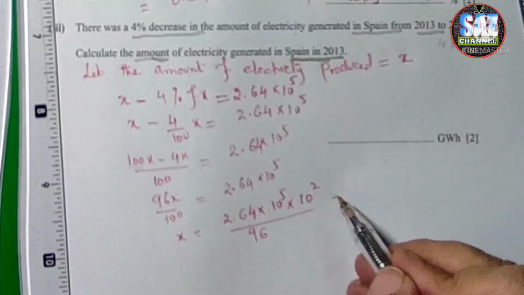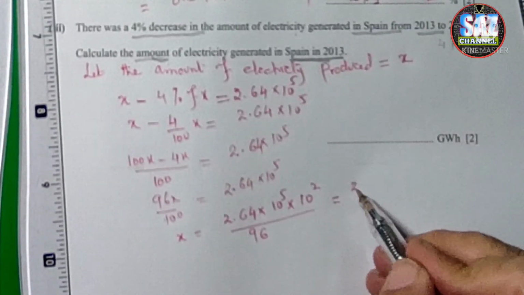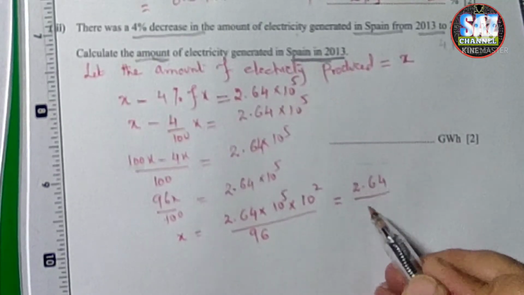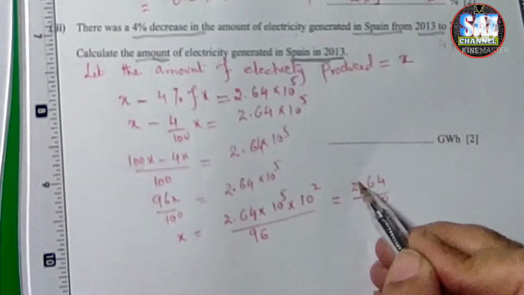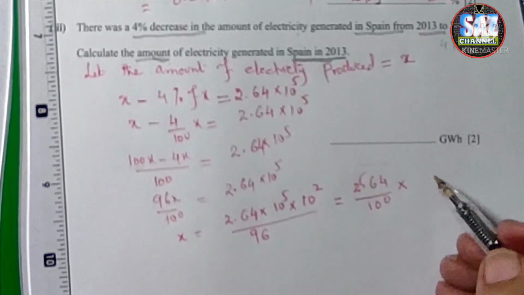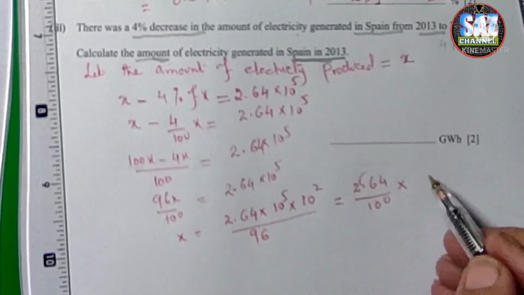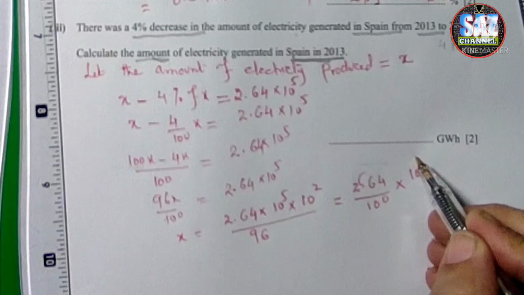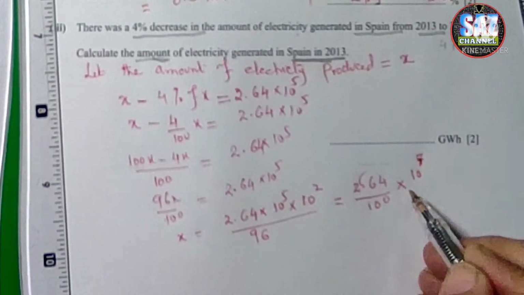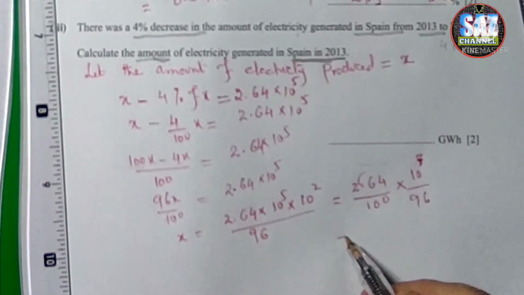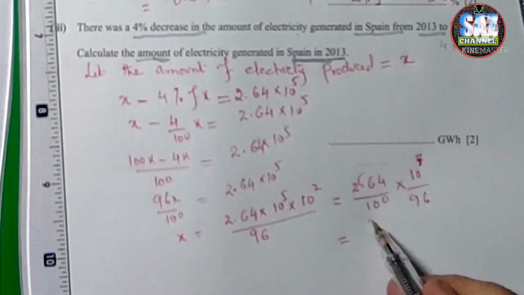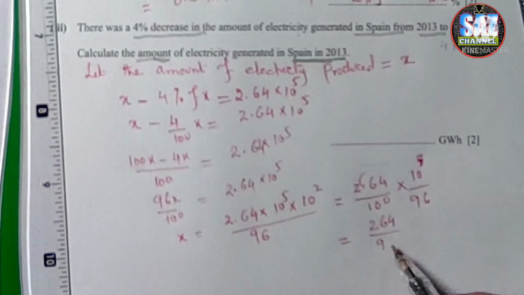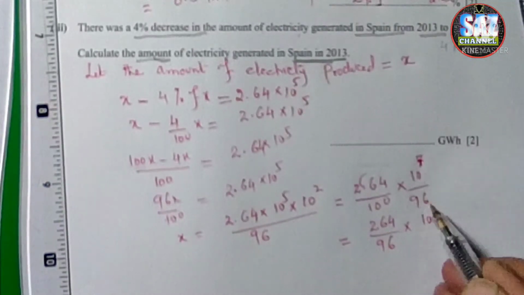Okay, and this will become 2.64. I have to remove the decimal because I have to give my answer in standard form. 10 raised to power 5 multiplied by 10 raised to power 2 is 10 raised to power 7, divided by 96, and this will become 264 divided by 96 multiplied by 10 raised to power 7.